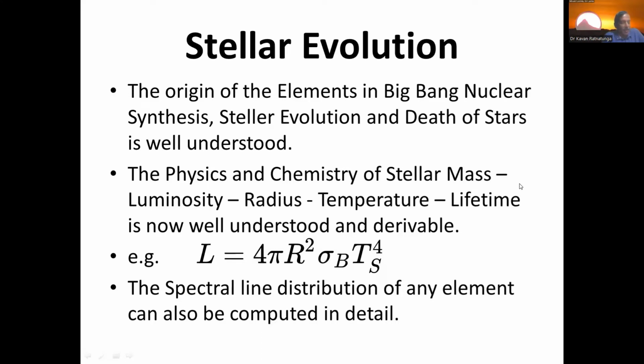Now consider the fact that in 1880, which is just less than 150 years ago, we knew how far the sun was. We knew how much energy the sun was producing, but we had no clue as to where this energy was coming from, because we knew that it could not be chemical.